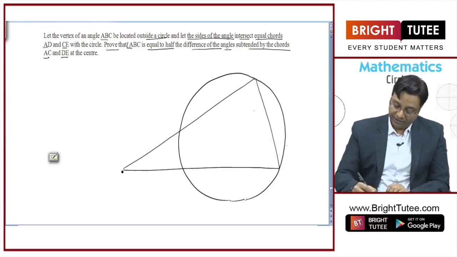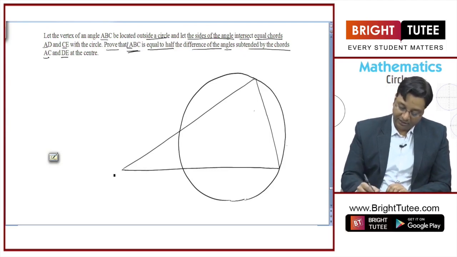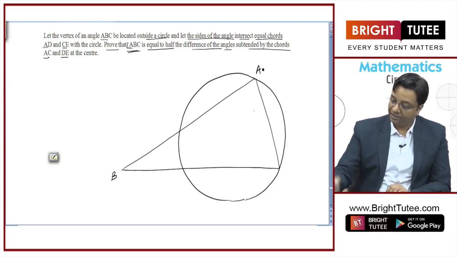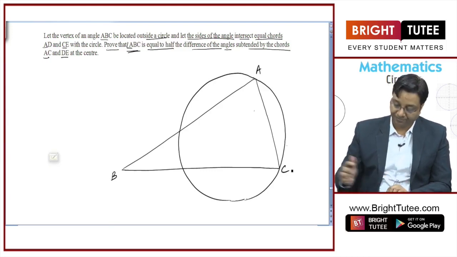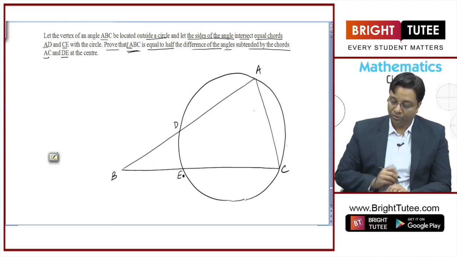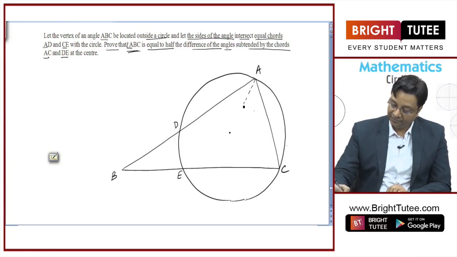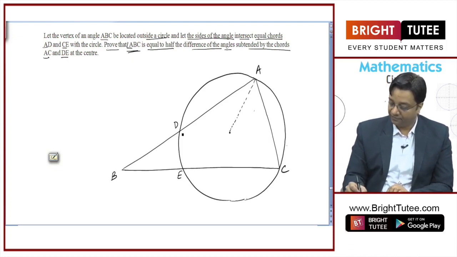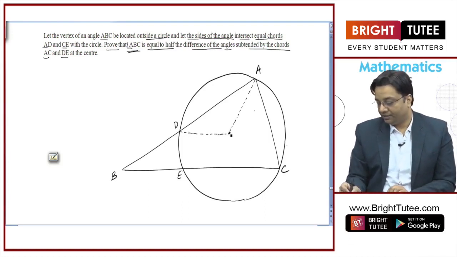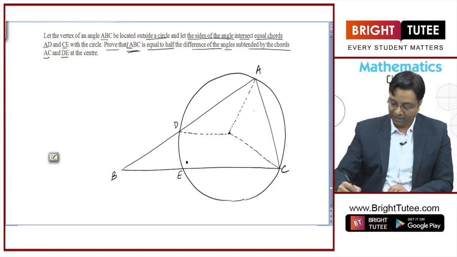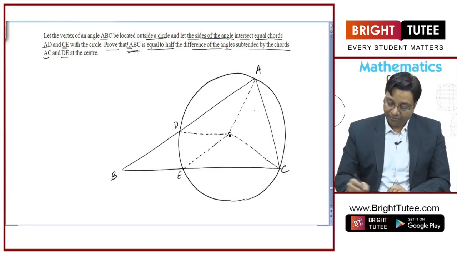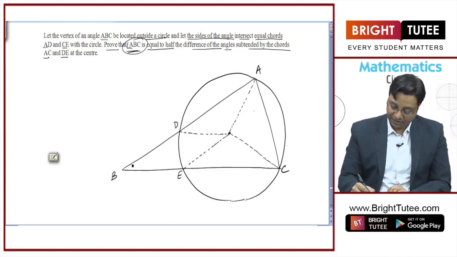So this vertex that is outside the circle is B and this is A, this is C. So AD and CE are two chords of the circle, and let AD subtend an angle like this, okay, and CE also subtends an angle at the center, okay.